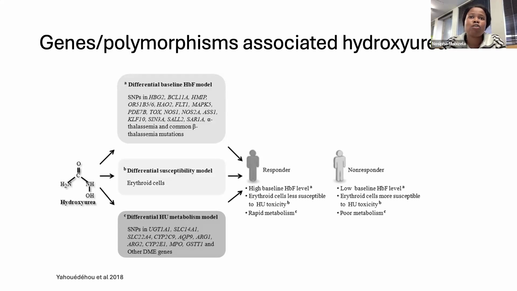And then they've also come up with a hypothesis that those who are rapid metabolizers will have a high baseline of fetal hemoglobin, and those who are poor metabolizers will have a low baseline of fetal hemoglobin. Now we know that fetal hemoglobin plays a role, but the mechanism is not yet clear. How does it play a role?